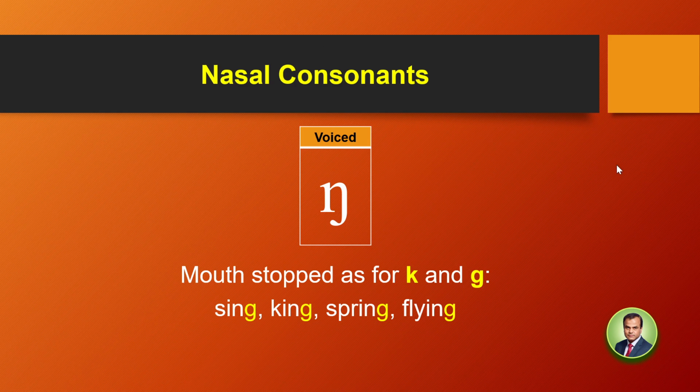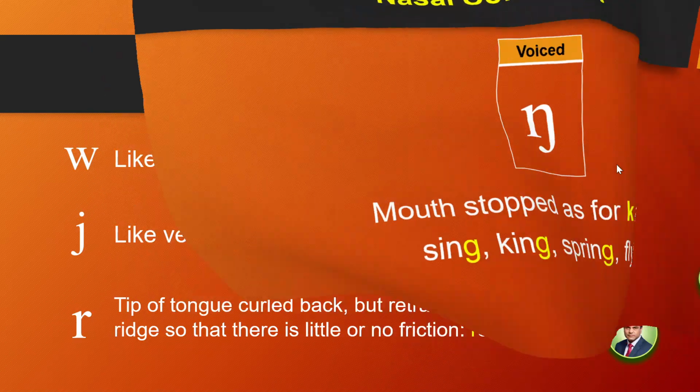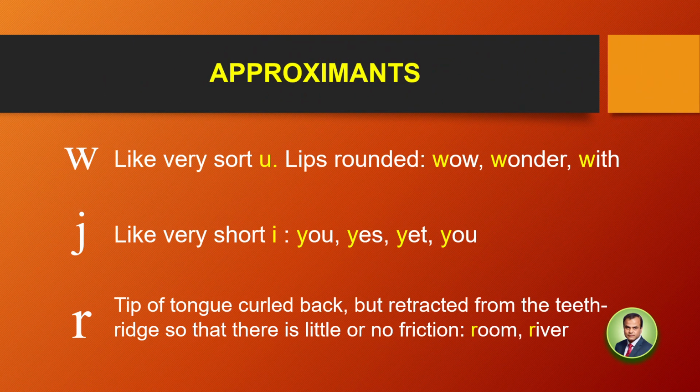Now we will go to approximants. We have already discussed that approximants are those consonants when we say them, the parts of the mouth mostly do not touch each other, but they can come closer.